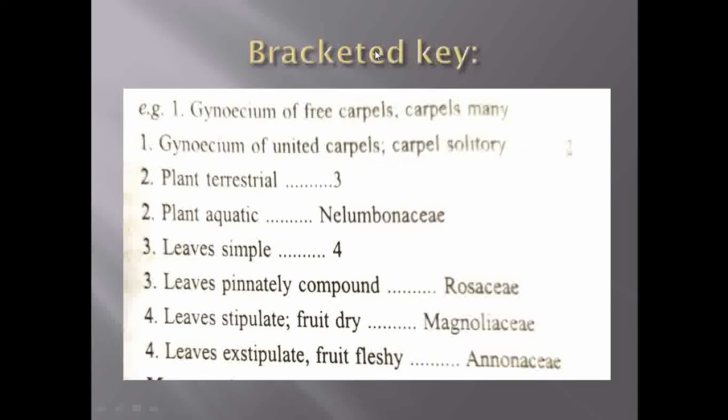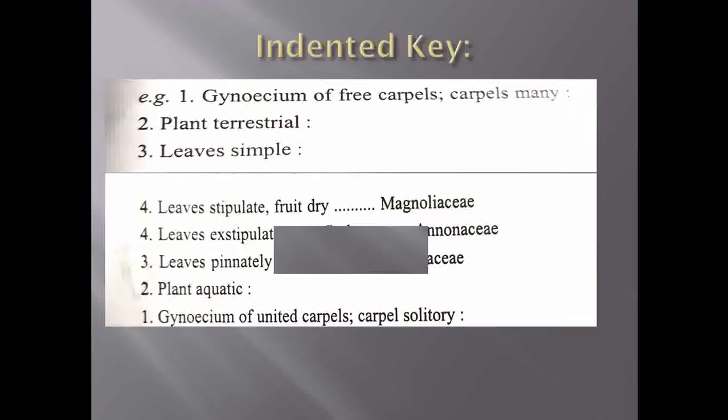So what happens in a bracketed key? Whenever two opposite characters are close to each other, that type of key is known as a bracketed key. Exactly opposite to the bracketed key is the indented key.